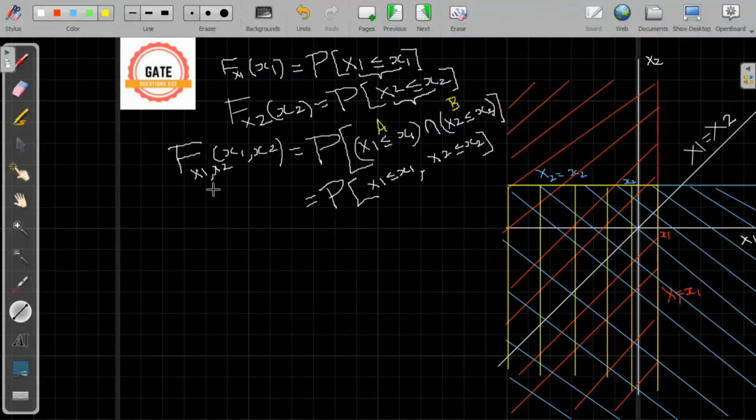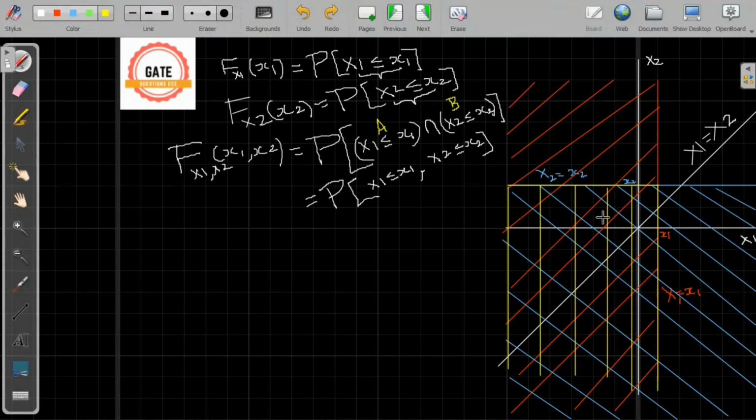So the joint CDF of X1 and X2 is nothing but the probability that (X1, X2) lies in this region, which is common to region A, which is drawn here with red lines, and region B, which is drawn with blue lines. There is one more point that I would like to tell you.